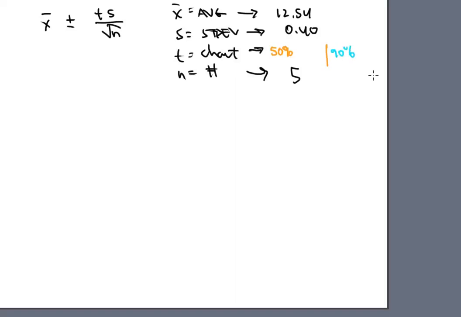Everything else stays the same, though. The average is the same for both. Standard deviation is the same for both. The number of measurements is the same for both. It's the t value that changes. One t value is going to be for 50, and one t value is going to be for 90. All right, well, where do I get those numbers? Well, those numbers come from the chart.